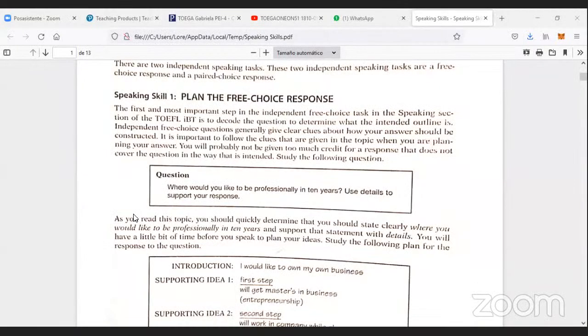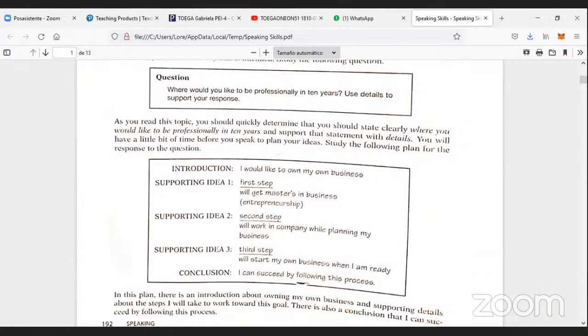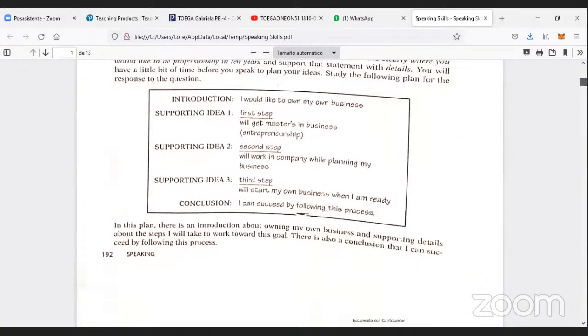In the first skill, we have to plan the free choice response. What does it mean? It's when we have open questions where we have to use details. So what is the way that we have to try to speak and explain?